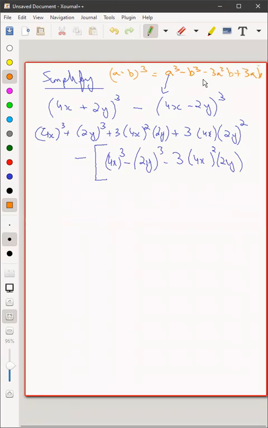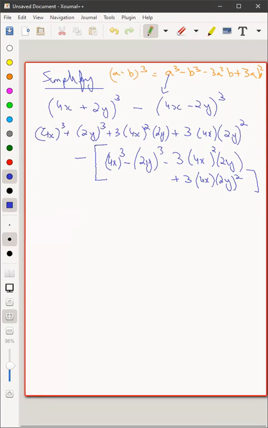Okay, so now use this. So it's minus 3a squared b. Then Ishan is correct now. Plus 3, 4x and 2y square. Okay. Ananya, expand.